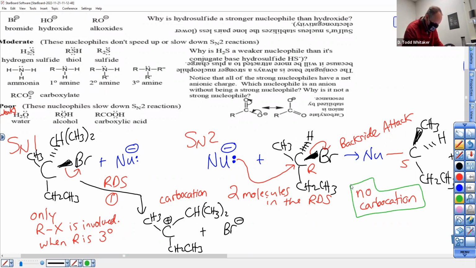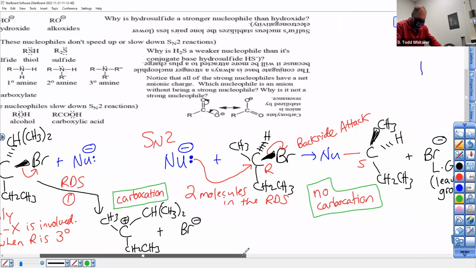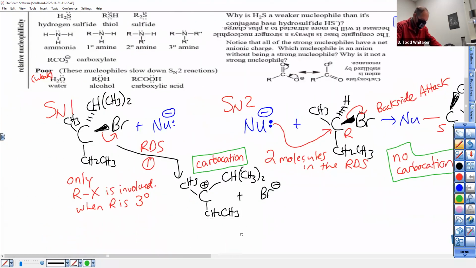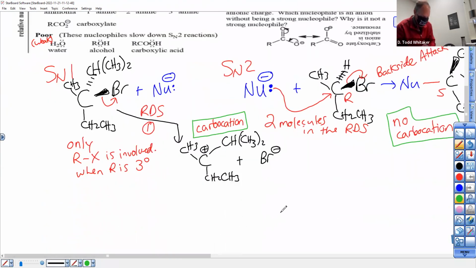The consequences of that difference are as follows. Because there's a backside attack on a chiral species, you get only one product. In this next one, you can have the nucleophile come in from the front half the time.